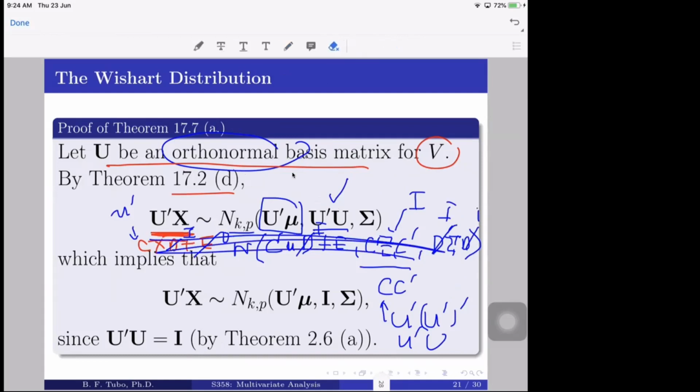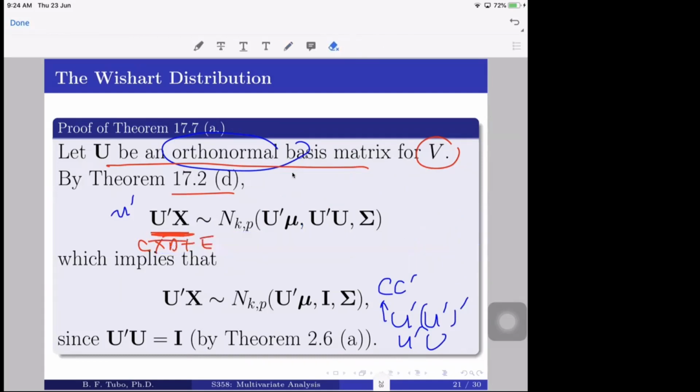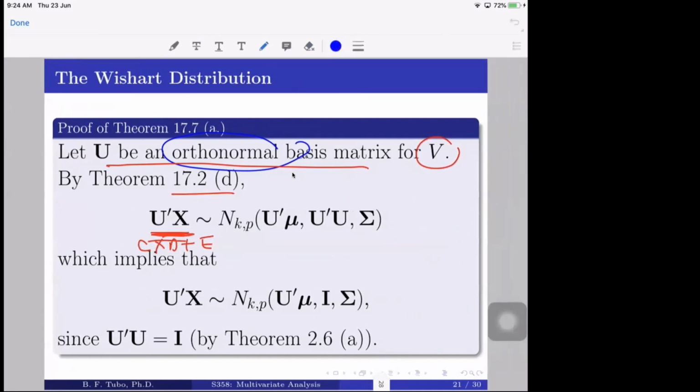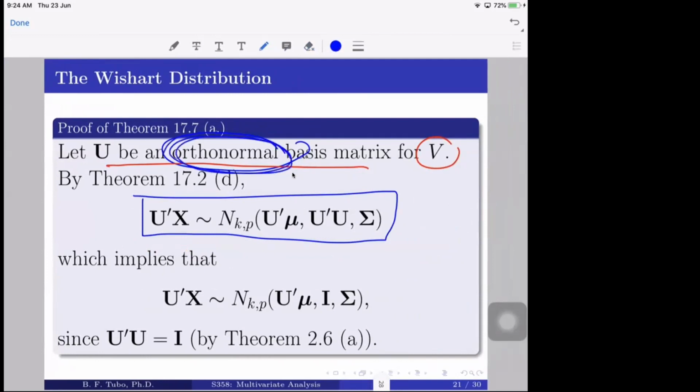Using your 7.2D, this is the distribution of your U prime X. But since U is an orthonormal basis, then U prime U is just the identity because it is orthonormal.